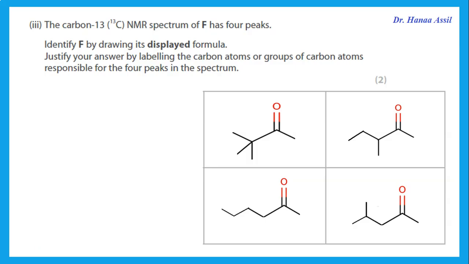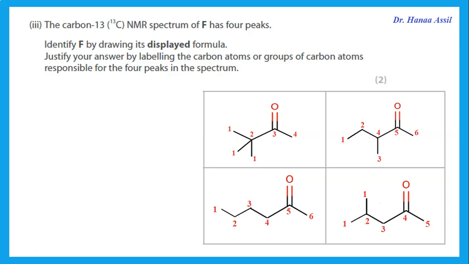So if we're looking at that first one, all the methyl groups at the left end are one type of carbon, and then the carbon that's attached to them, that's another, and then the carbon of the carbonyl is a third, and the carbon of the methyl on the right is a fourth. So actually this is the one that has 4 peaks.